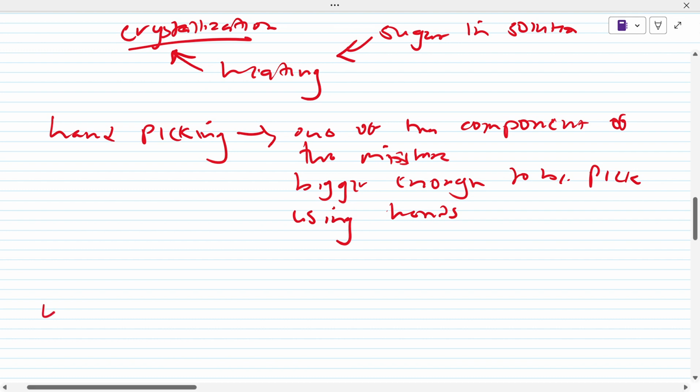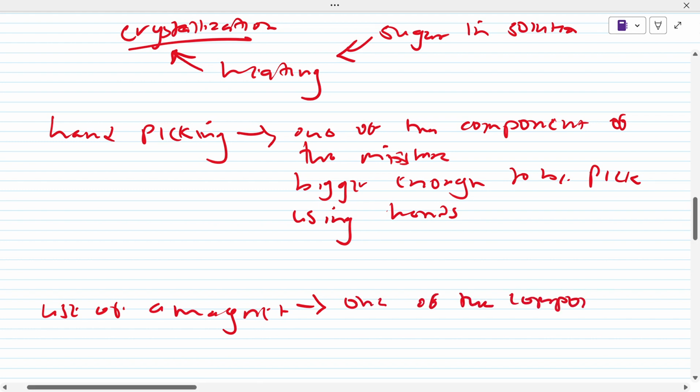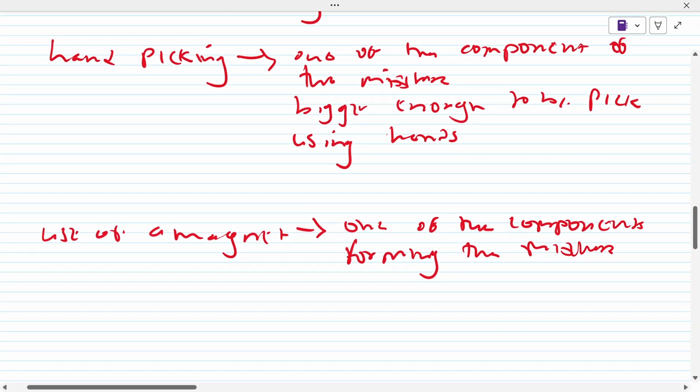When do I use a magnet? In this technique, we use a magnet if one of the components forming the mixture has magnetic properties, meaning it can be attracted by a magnet.